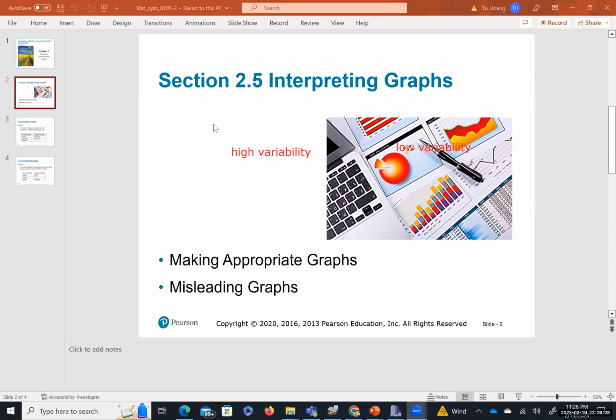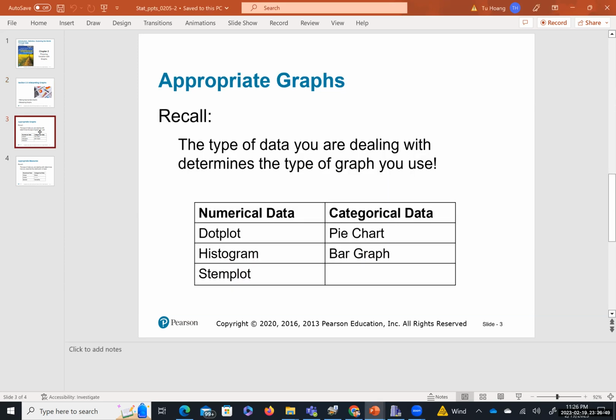Keep in mind that for interpreting the graph, we need to have appropriate graphs and misleading graphs, right? So we need to interpret these things. So we move to the last slide, number 3 here.